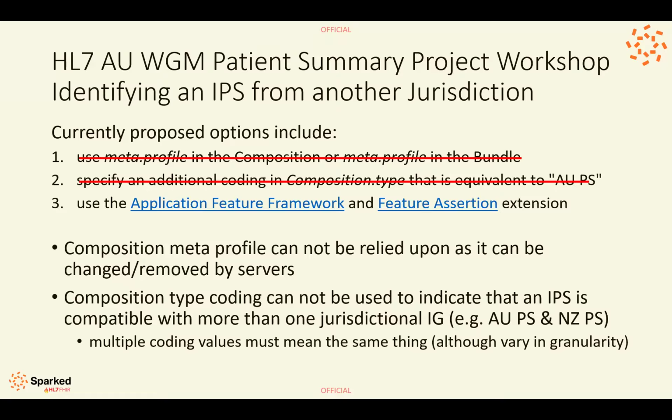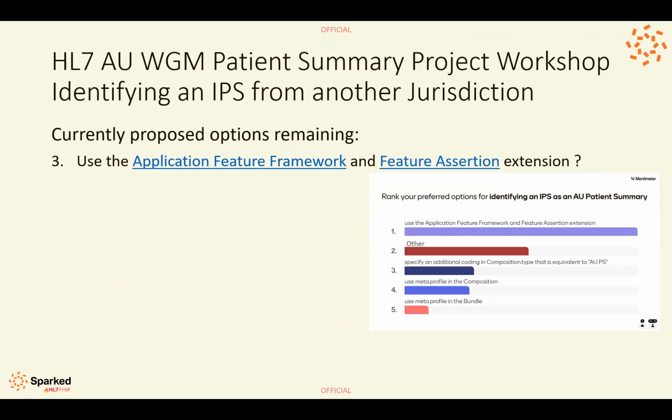And effectively, AU patient summary and New Zealand patient summary are different. The codings included in that one type have to mean the same thing, although they may vary in granularity, such as patient summary versus AU patient summary. So we tentatively discounted that and thought that this is probably the remaining option. And we went to a bit of a mentee, as we do in these sessions, and we got certainly some strong support for the use of the feature framework.